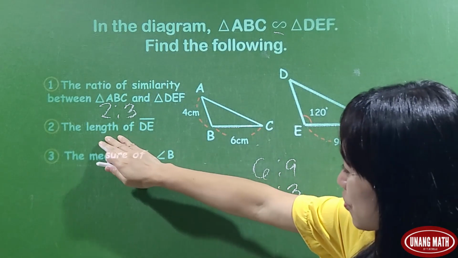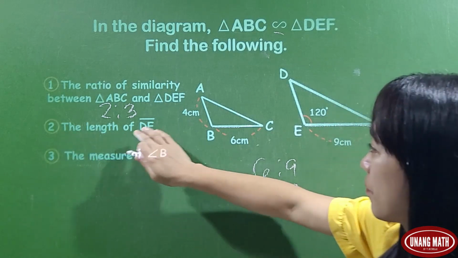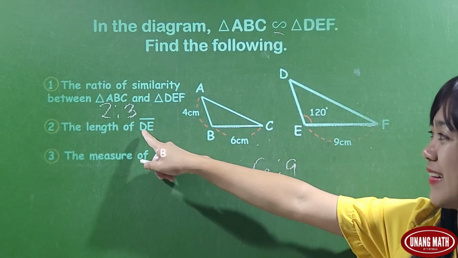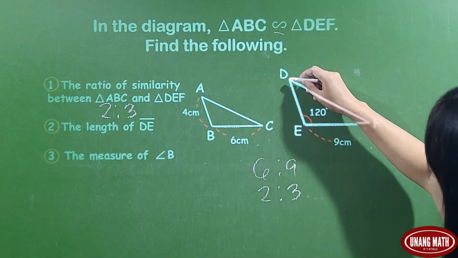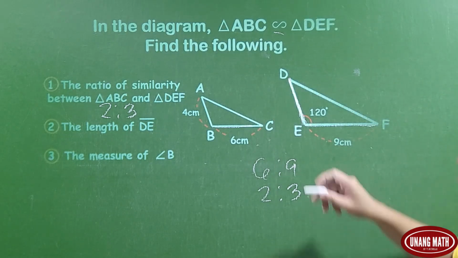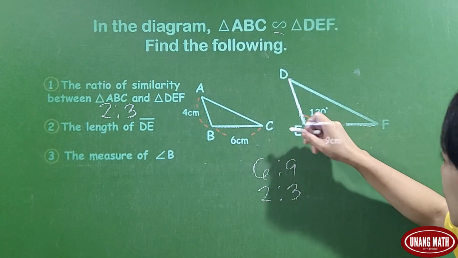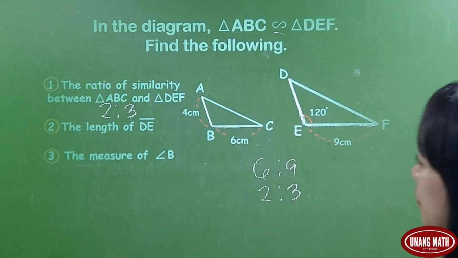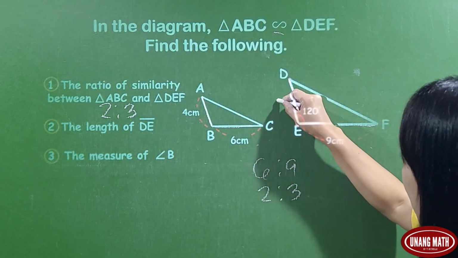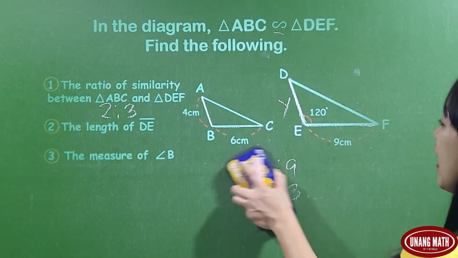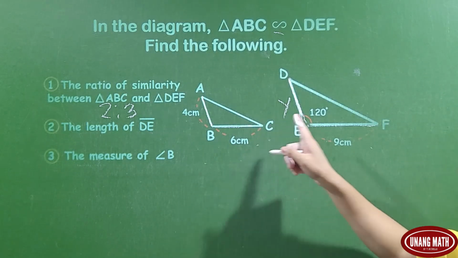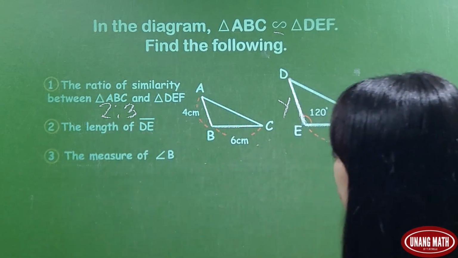For the second question, what is the length of segment DE? Where is segment DE? This side. This side corresponds to this side, which is 4 centimeters, and let's say this is Y. Since these two figures are similar, the ratio is also 2 is to 3.